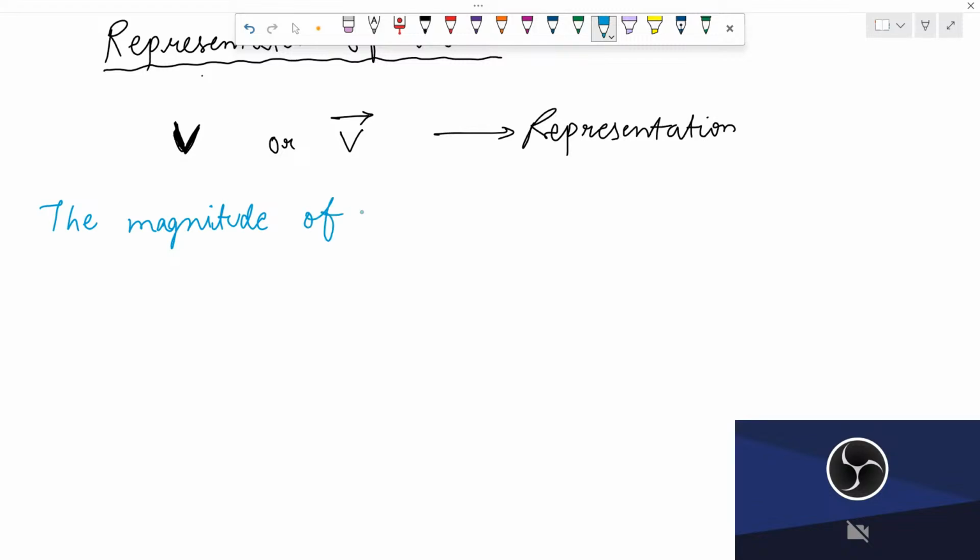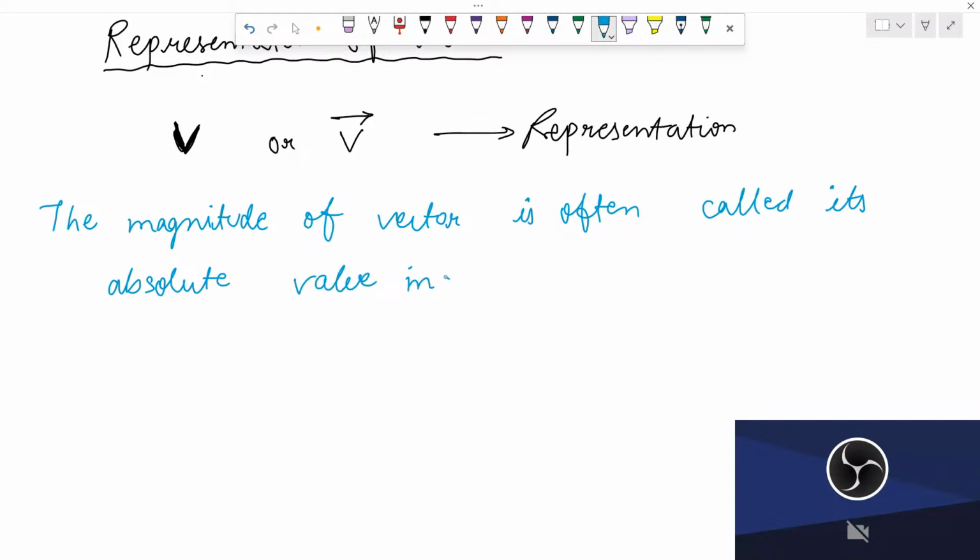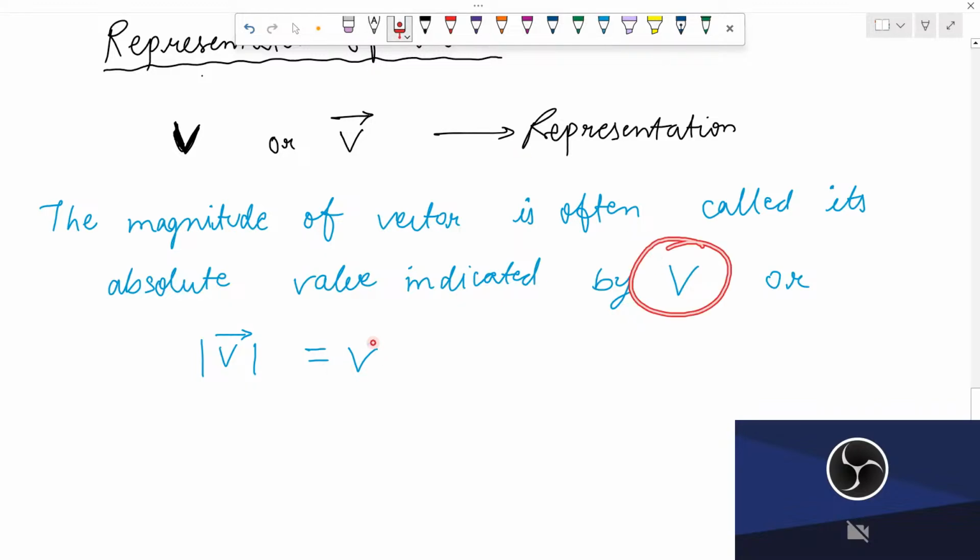The magnitude of a vector is often called its absolute value, indicated by capital V, or we can write small v with an arrow at the top and a mod sign, which is equal to normally V. Either we represent its magnitude as capital V, a small v, or an arrow at the top with a mod sign.